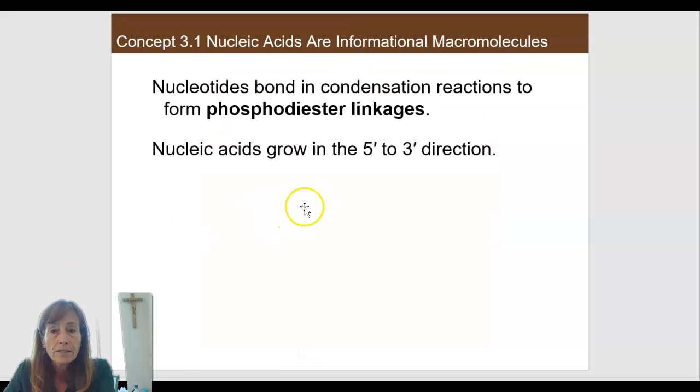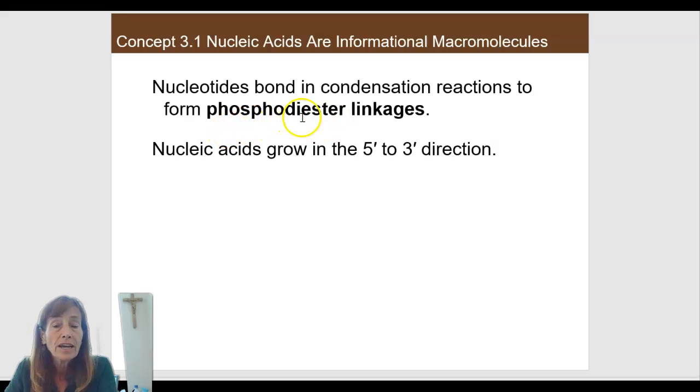The bonds that form from those condensation reactions, or the dehydration synthesis, have the phosphate in there, so they're called phosphodiester linkages. And you've seen esters before.